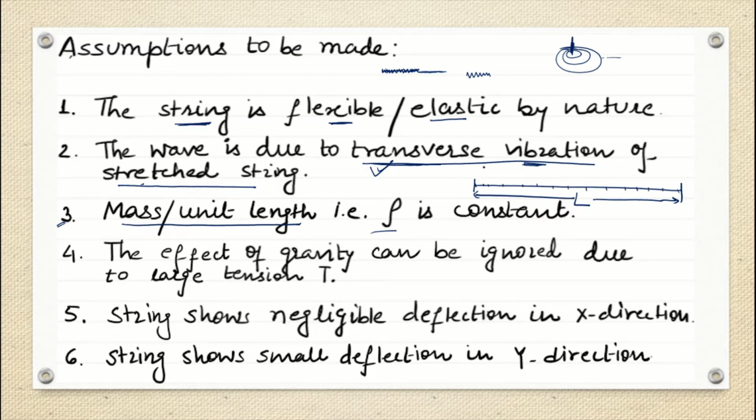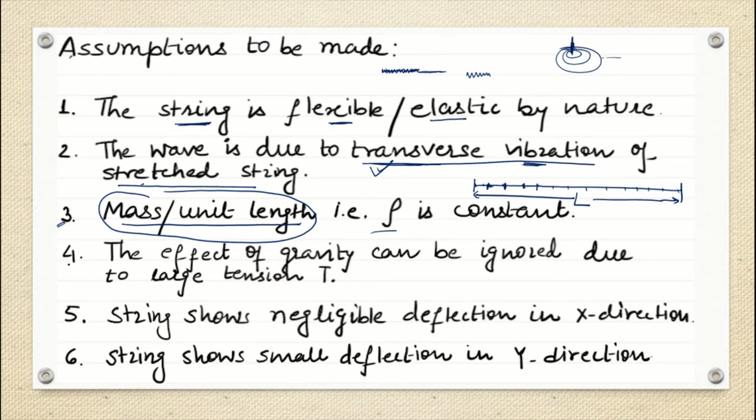So if we consider the mass per unit length, some chunk of your string, the same mass will be present even in this area and so on, fine? This is called mass per unit length, and we represent it with rho. It will be constant throughout the string, fine? So this is our another assumption.